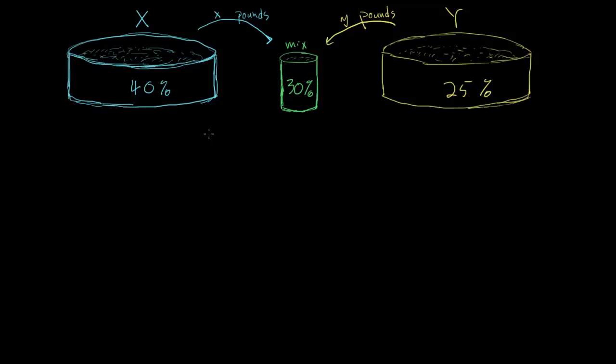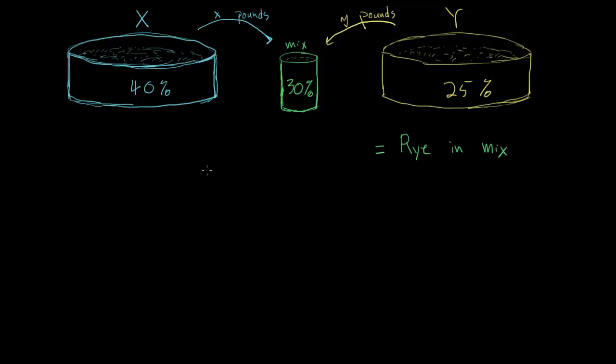And there are many, many ways to attack these mixture questions. One reliable method is to set up an equation that just focuses on the substance in the mixture. In this case, the ryegrass in this barrel. We can set up an equation that represents the ryegrass in the mixture.